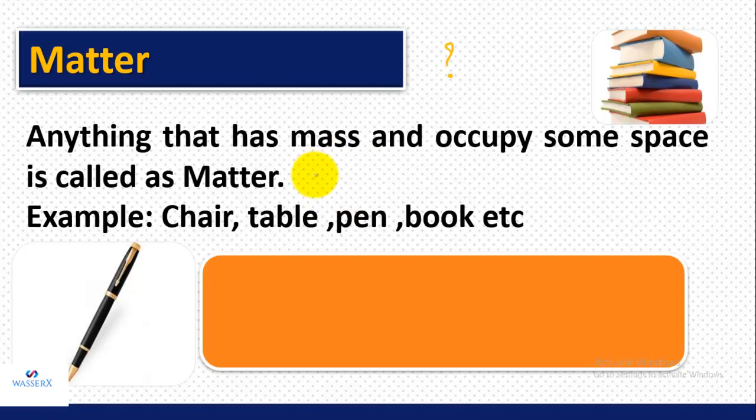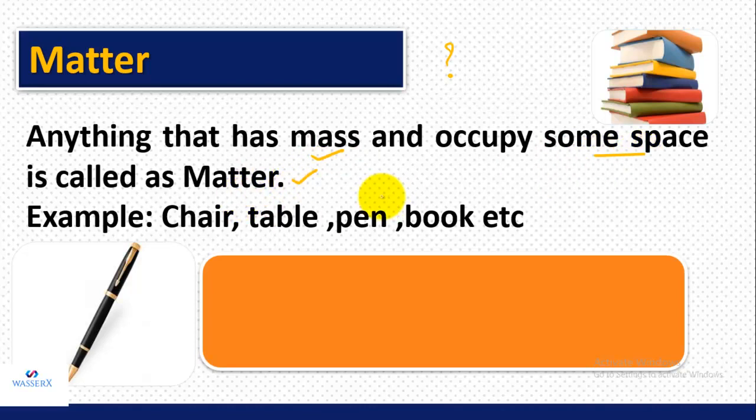Likewise, suppose you are sitting in your room, what substances do you come across? You come across a bed, a cupboard, or your mobile phone or anything. That all is matter. So in simple words, we can say that anything that surrounds us and has mass and also occupies some space is called matter.